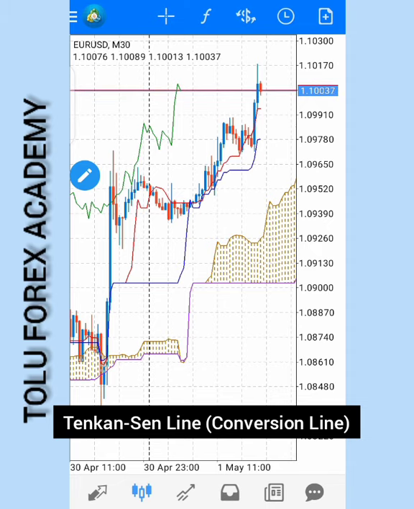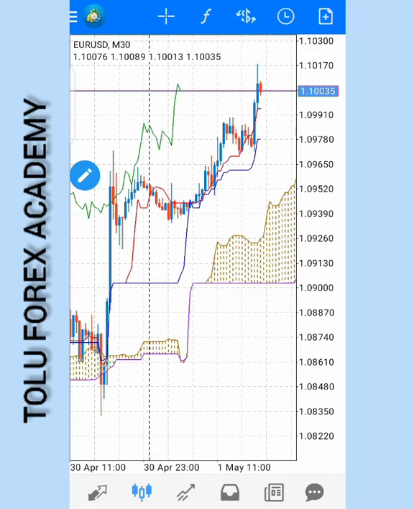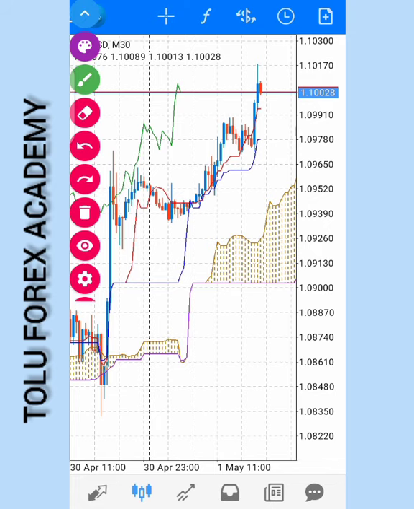It represents the midpoint of the last nine candlesticks. And this is it here.